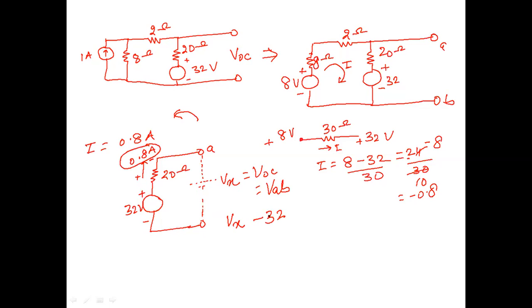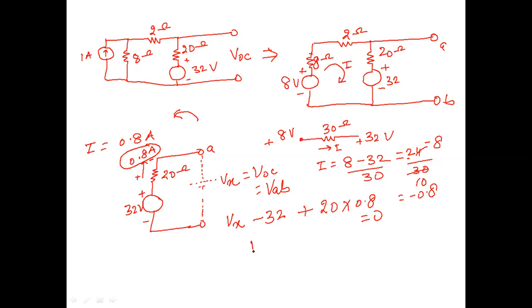Irrespective of voltage drop and rise, you forget it. Whatever you first meet, if positive, then write positive; if you meet negative, you just write negative. So I am meeting negative here, I have written it negative. Here I am meeting positive, so we have to write positive. How much voltage? Resistance is 20 multiplied by current 0.8, equal to 0.